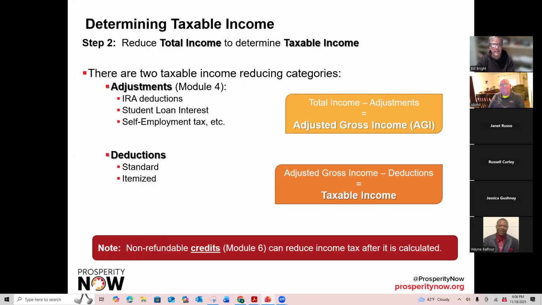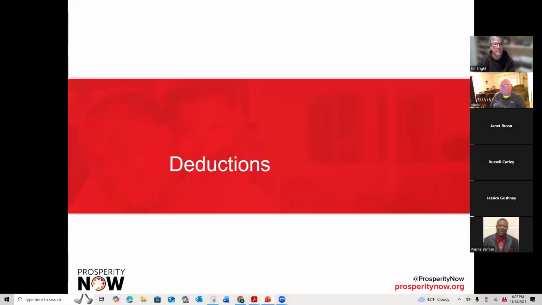So there's a couple ways. There's the adjustments, which we did last week: IRA, student loan interest deduction, the self-employment tax, and then either the standard or the itemized deduction. And once you get to that first part which is subject to tax, that can be reduced even further with the non-refundable credits, which we'll get to next.